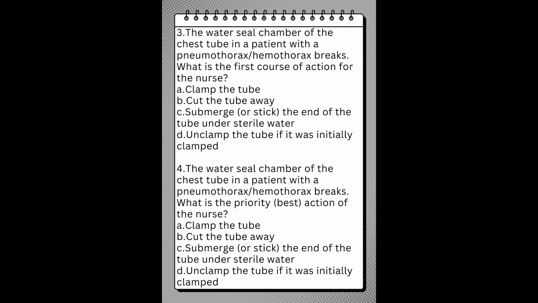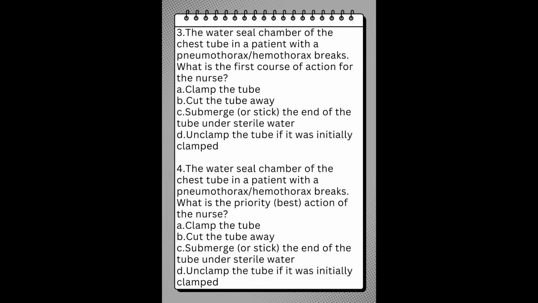Number four question says the water seal chamber of the chest tube in a patient with a hemothorax breaks. What is the priority, the best action of the nurse? A. Clamp the tube, cut the tube away, submerge the end of the tube under sterile water, unclamp the tube if it was unclamped.